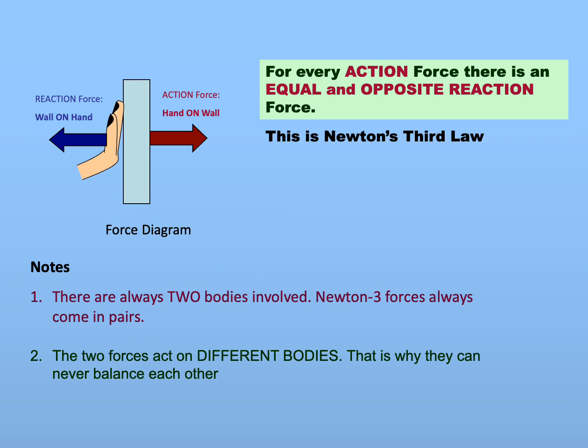The two forces act on different bodies. Think about that. The two forces act on different bodies. Look at the diagram. The action force is the hand acting on the wall, whereas the reaction force is the wall acting on the hand. The forces are acting on two different bodies. That is Newton's third law.